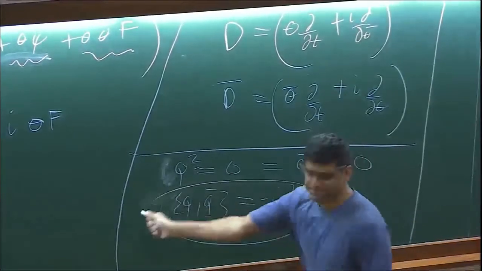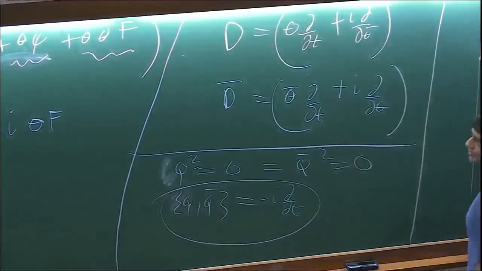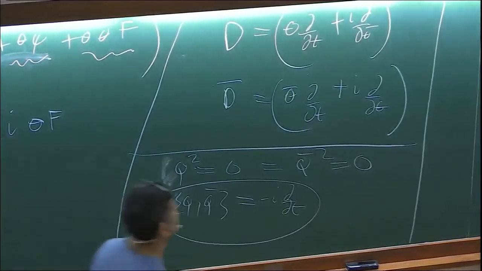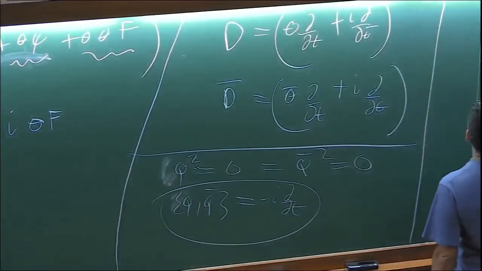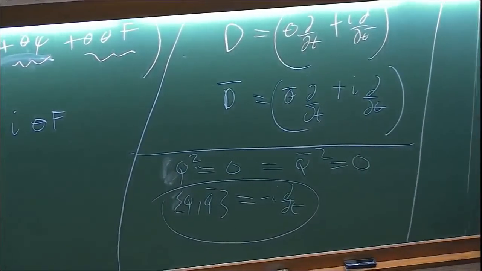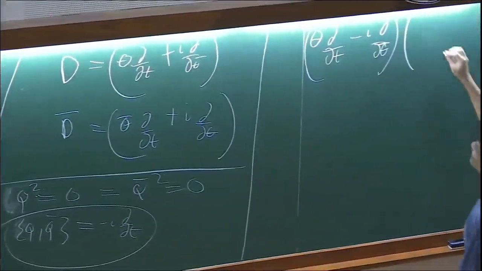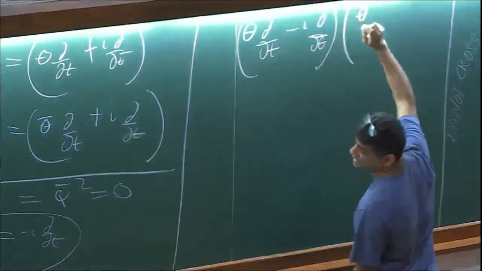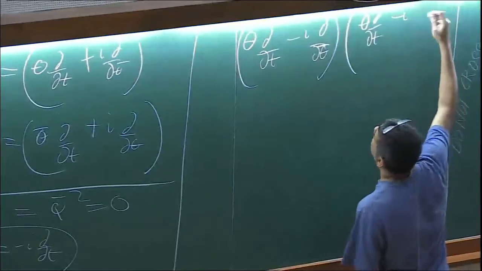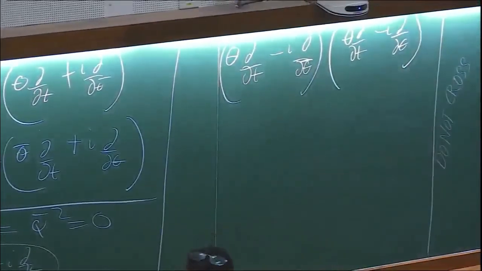Let's check this guy. Okay. So let's check the anti-commutator of q with q bar. So we have theta del by del t minus i del by del theta acting on theta bar del by del t minus i del by del theta, plus the reverse.